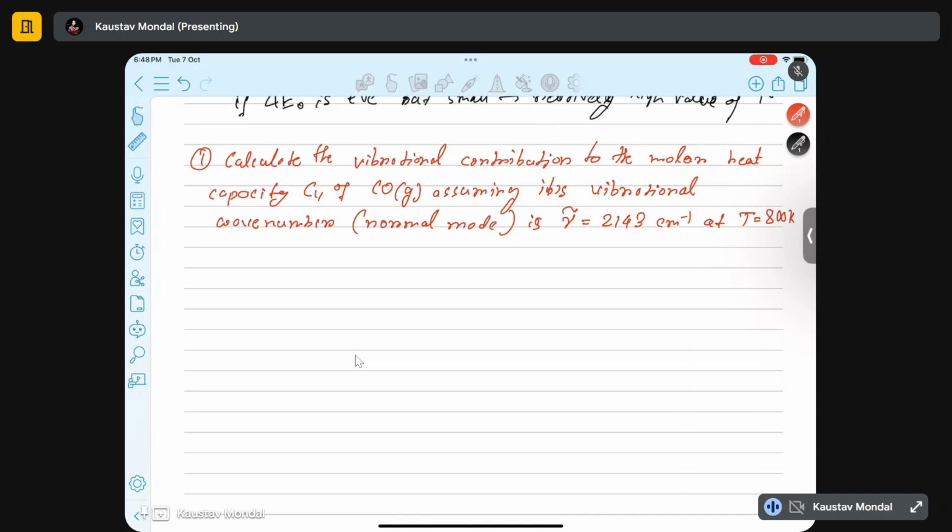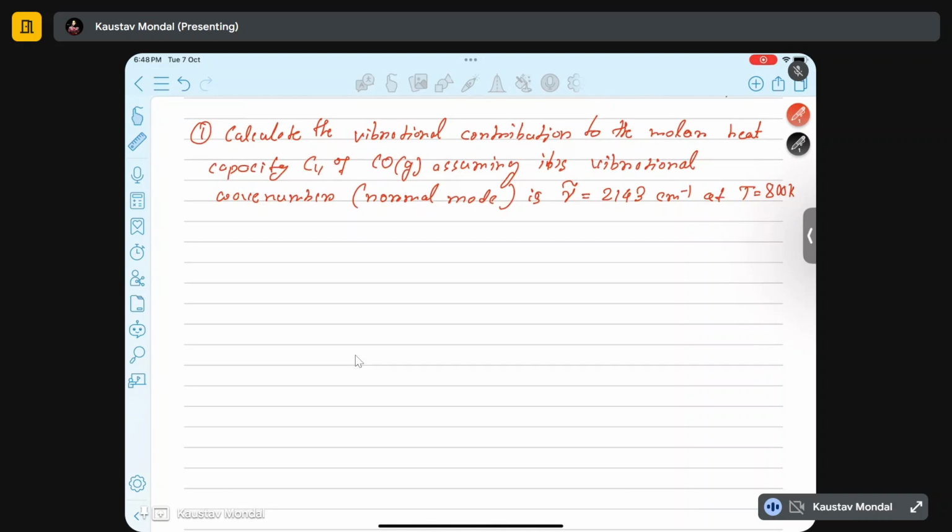So what we have to do first is let me write all the mathematical expressions that we know, that basically relate the specific heat with the partition function.